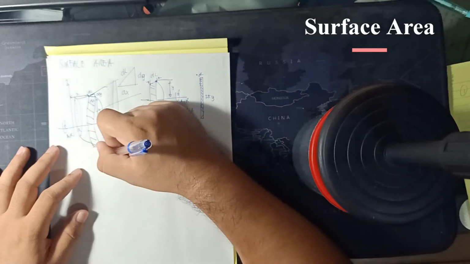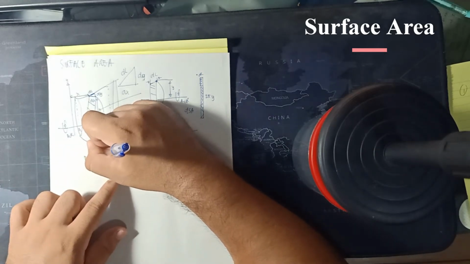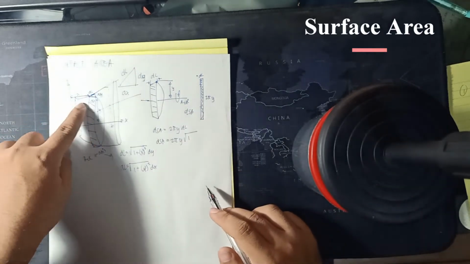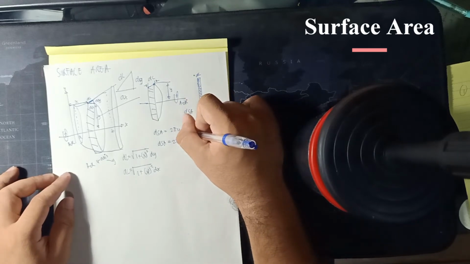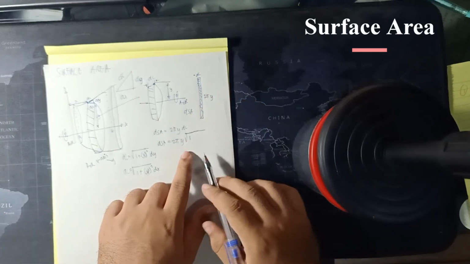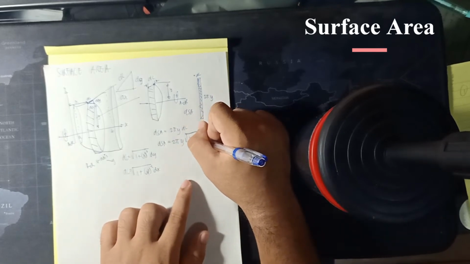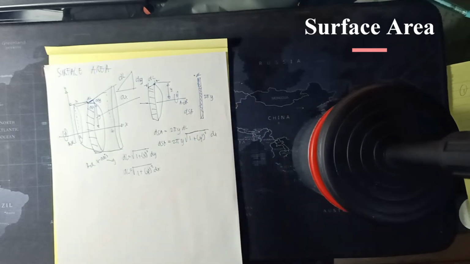This is on your y-axis of rotation, on your y-axis. So this is on your x-axis. So we're using that in this derivation of the formula. So this would be now the square root of 1 plus your y prime squared dx.